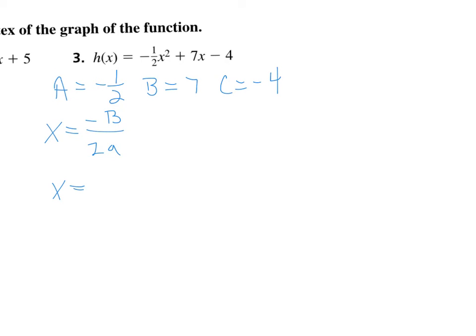So x is going to be equal to negative 7 over 2 times a negative half. 2 times the negative half is going to be negative 1. Negative 7 divided by negative 1 is positive 7. This is your axis of symmetry.